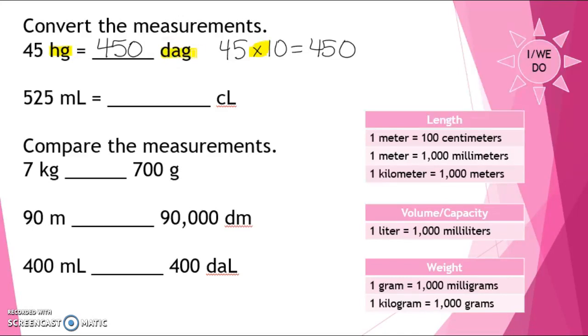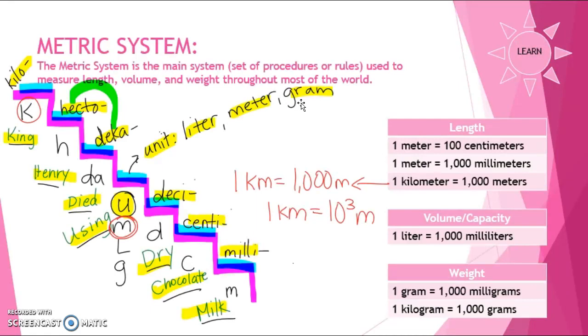Let's look at the next one. We have 525 milliliters is how many centiliters? 525 milliliters times what will be our power of 10? So we are going from milliliters to centiliters, and we are going up.